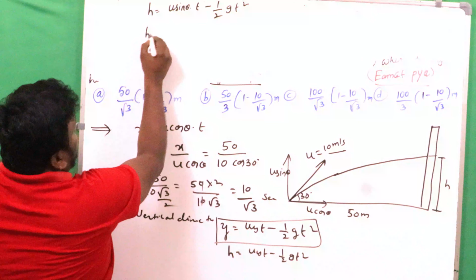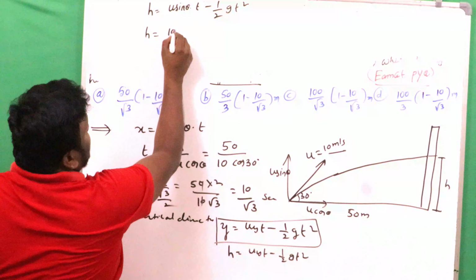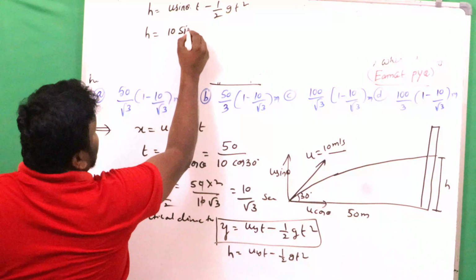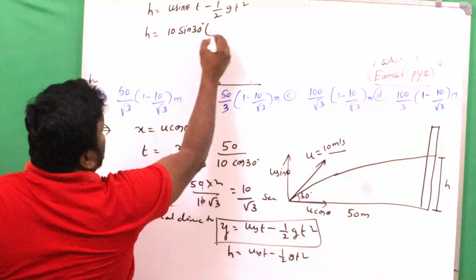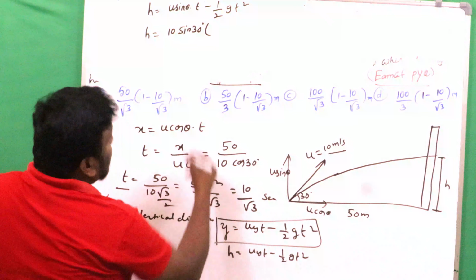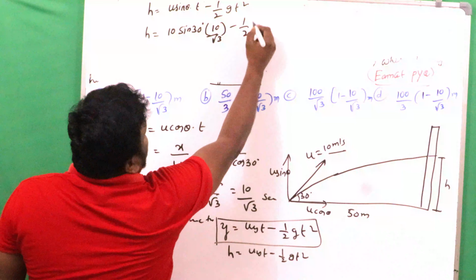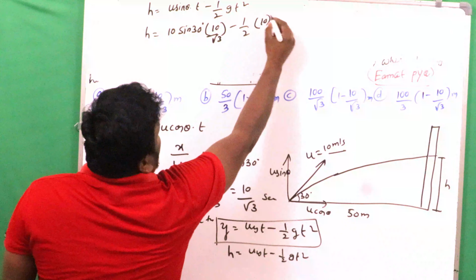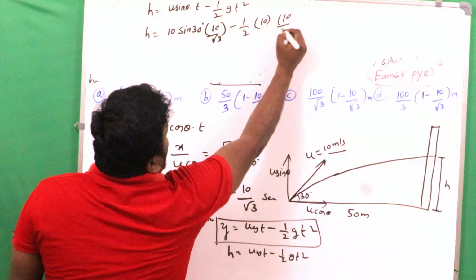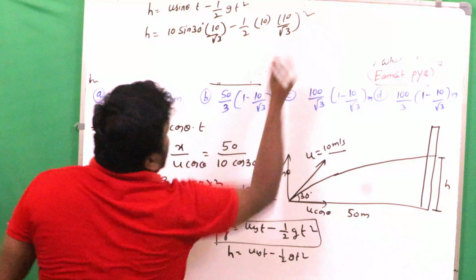So h is equals to u, which is 10, sin 30 degrees into the t value, which is 10 by root 3, minus half of g value 10 into t square, 10 by root 3 whole square.